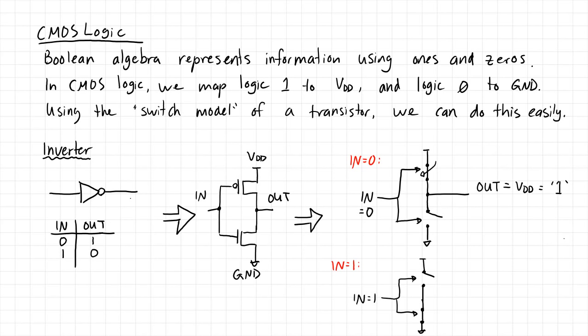Similarly, the gate of a PMOS device, when it is 1 or high, that device is not on. So in other words, it's an open circuit. So in this case, the output voltage is connected to ground, which is of course logic 0. So what this means is that when the input is 1, we get a logic 0 at the output. So that's great. That's what an inverter is supposed to do. And indeed, that's exactly what it does.